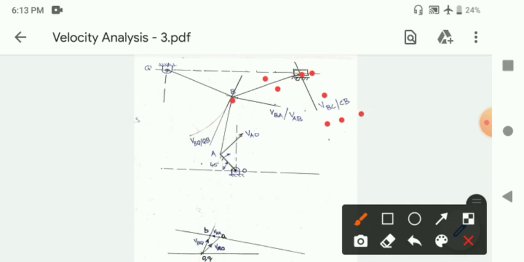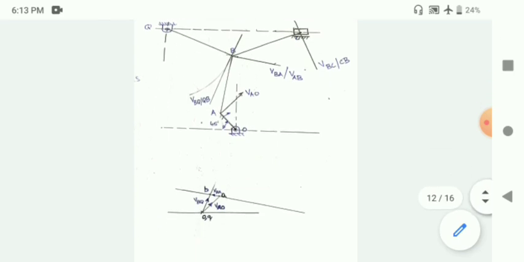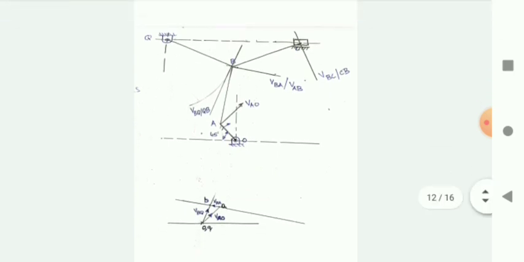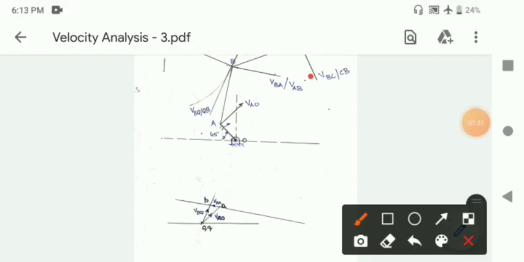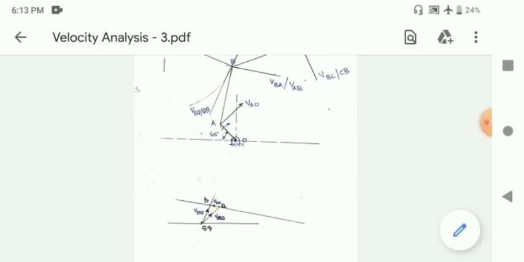Now in the velocity diagram, we have point B. So from point B, you draw a line parallel to this line. Okay. So it will be something like this. That is what I have drawn here.